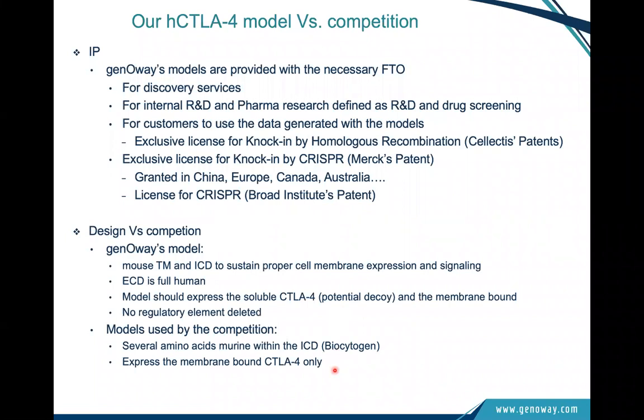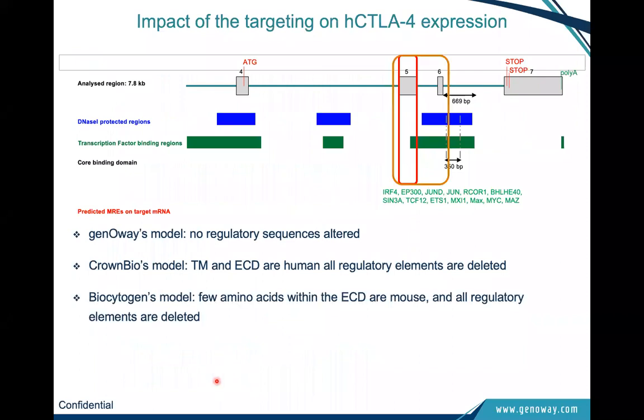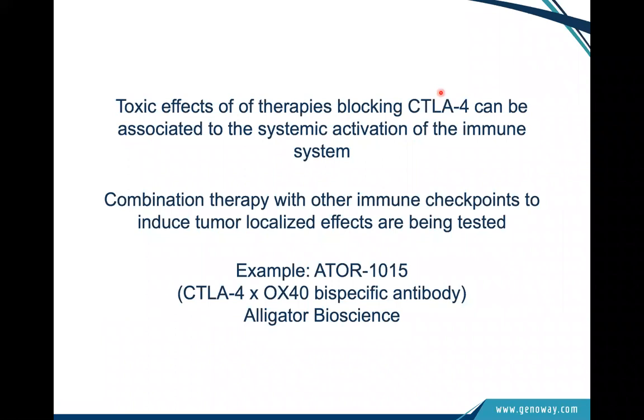And we have the extracellular domain fully humanized, as opposed to what others are doing. And finally, when you look at the regulatory elements which sustain the proper regulation of CTLA-4, we only change this exon in our model, whereas in the other model they also knock out those regulatory elements, which could have an impact on the regulation. I'm going to stop here due to time constraints.